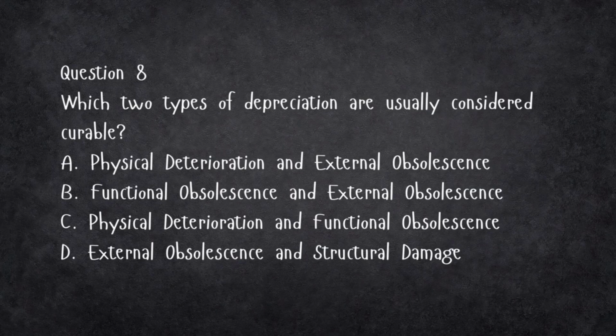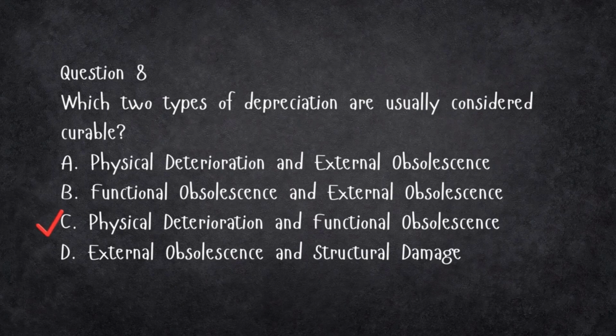Question 8. Which two types of depreciation are usually considered curable? A. Physical deterioration and external obsolescence. B. Functional obsolescence and external obsolescence. C. Physical deterioration and functional obsolescence. D. External obsolescence and structural damage.